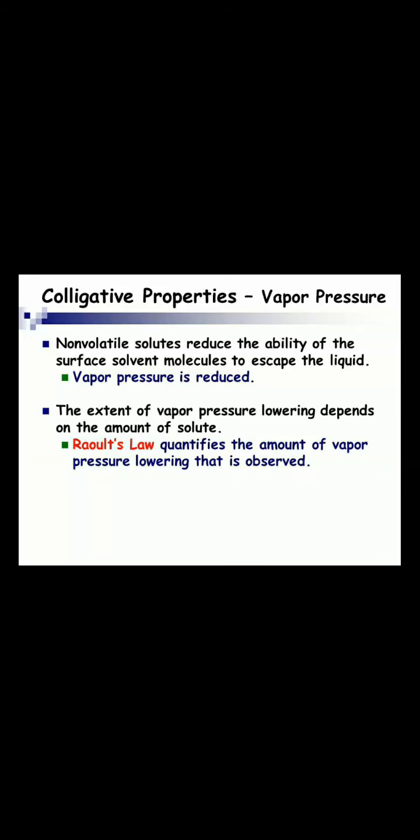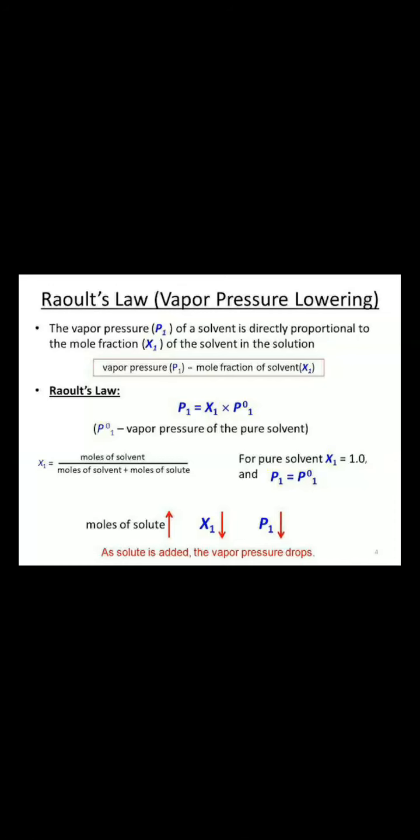The extent of vapor pressure lowering depends on the amount of solute added in the solution. Raoult's law quantitatively explains the relationship between lowering of vapor pressure and the amount of solute added. Raoult's law: the vapor pressure of solvent is directly proportional to the mole fraction of the solvent.